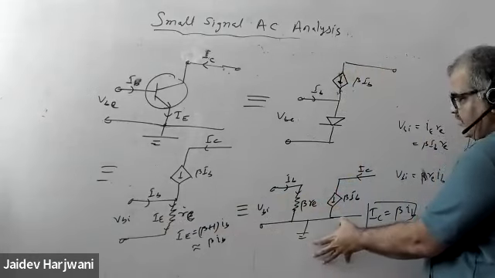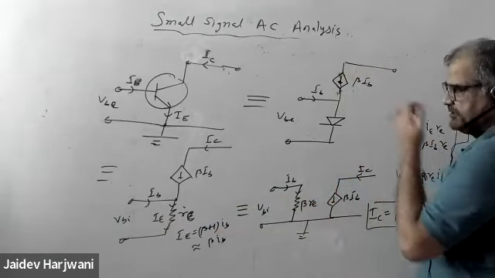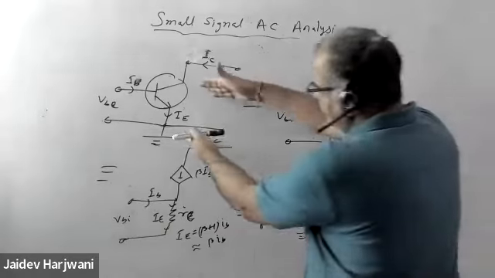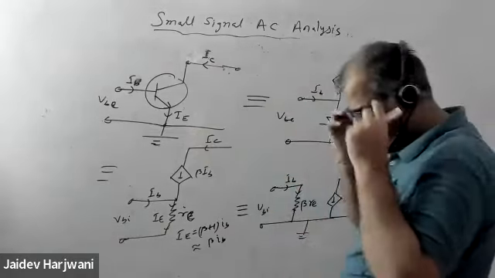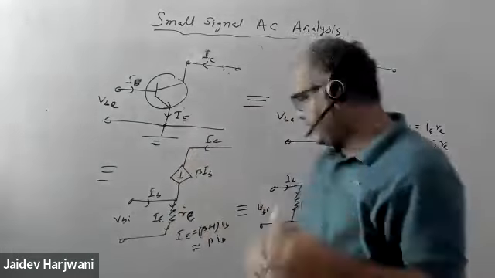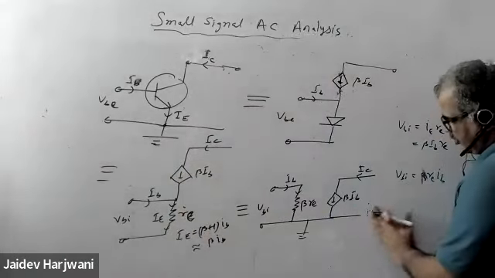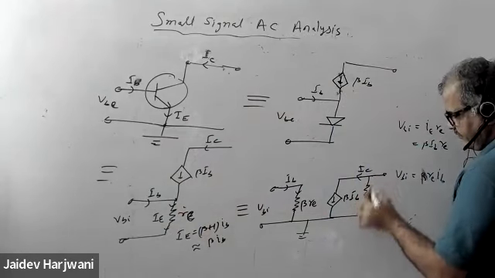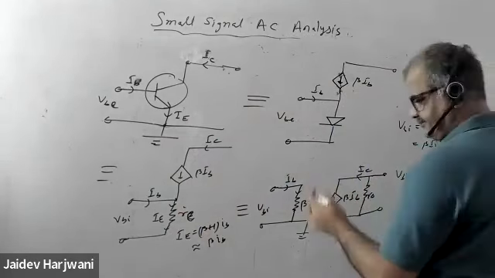This has now become my equivalent model for the transistor. You only have to remember that you have to replace this by this one, and the rest of the calculation is the same as what we were doing earlier. And if you want to put in the output effect, you can put a resistance R naught also here. This is the equivalent model.